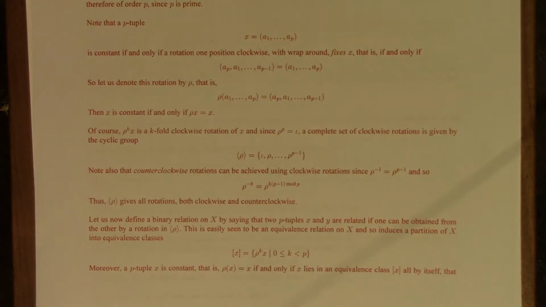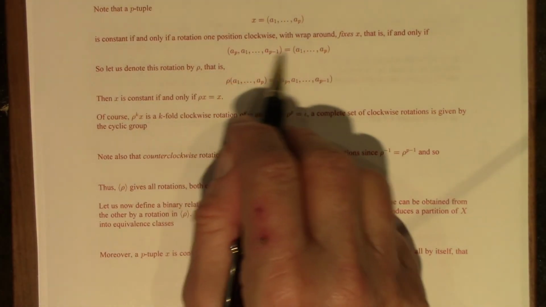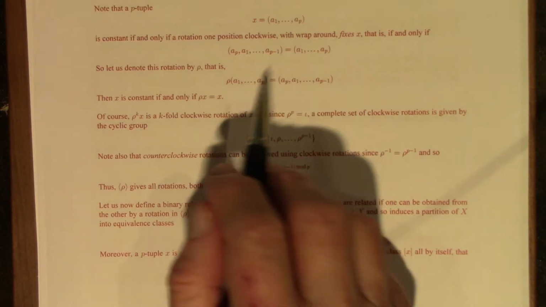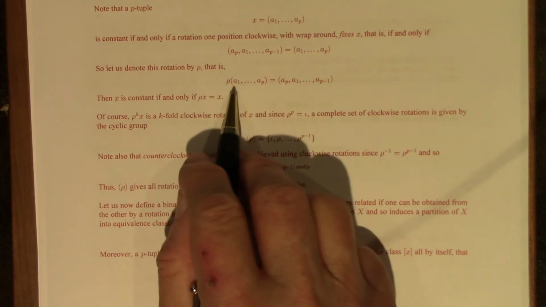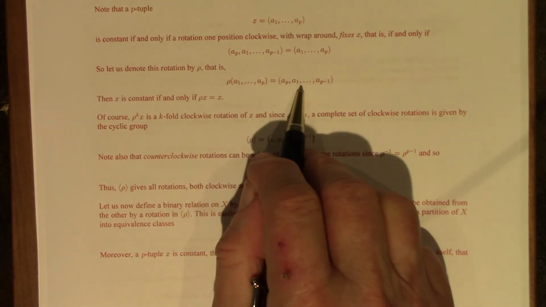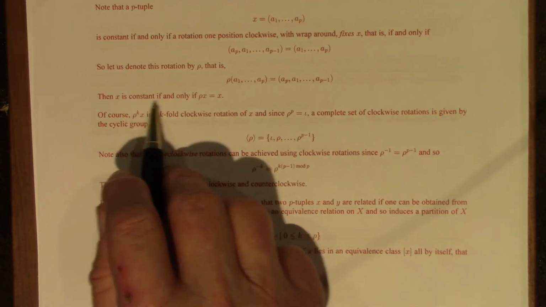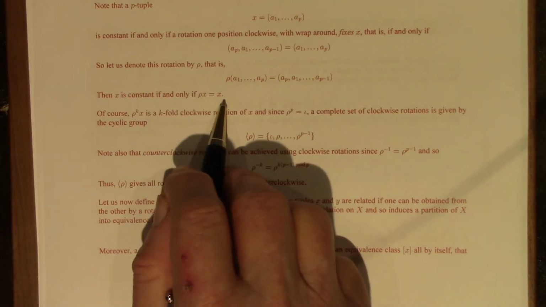They're all equal. So let's denote this rotation by rho. So rho sends a1 through ap to ap followed by a1 through a(p minus 1). And then x is constant if and only if rho x equals x.